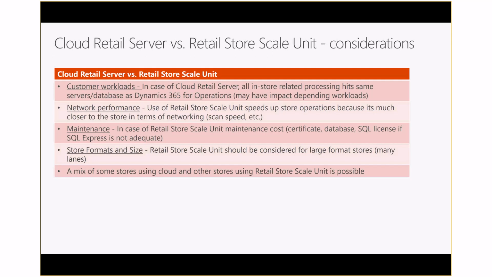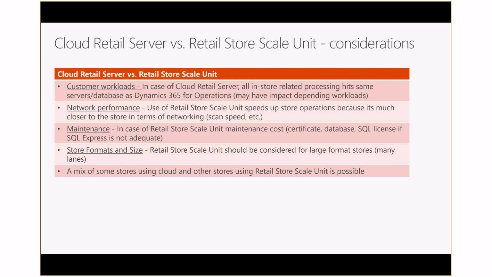As the first consideration, we highlight here the difference, again as a summary, between the cloud-only retail server versus the retail store scale unit. It is important to consider what customer workloads are at play in this project.